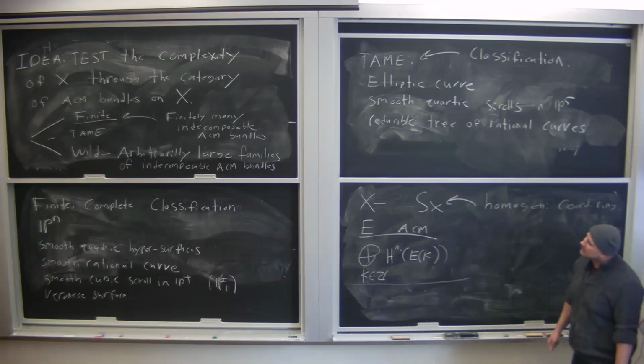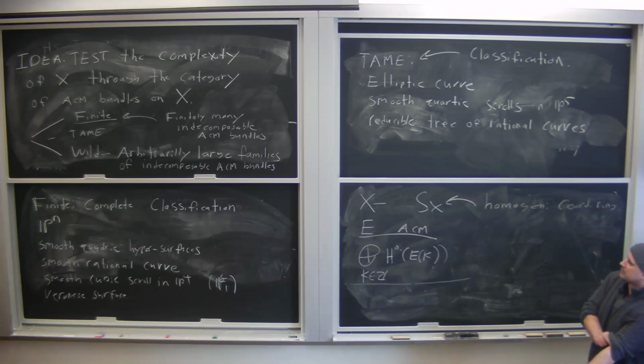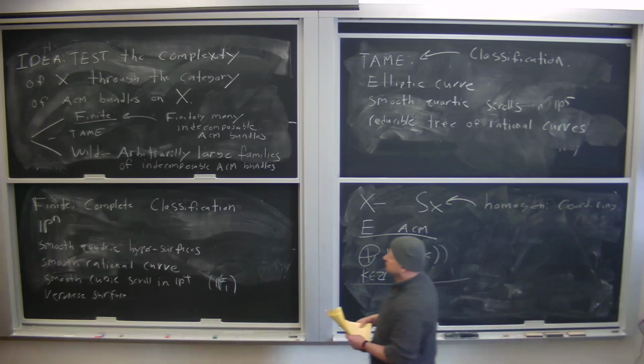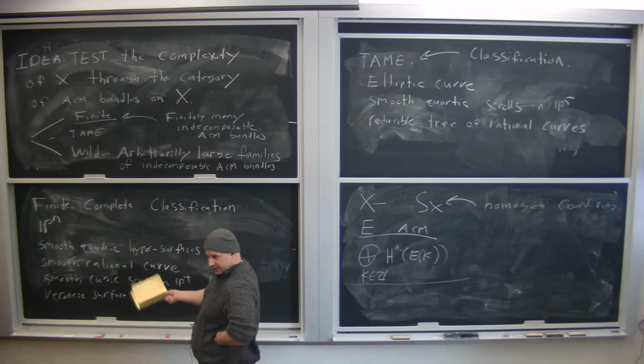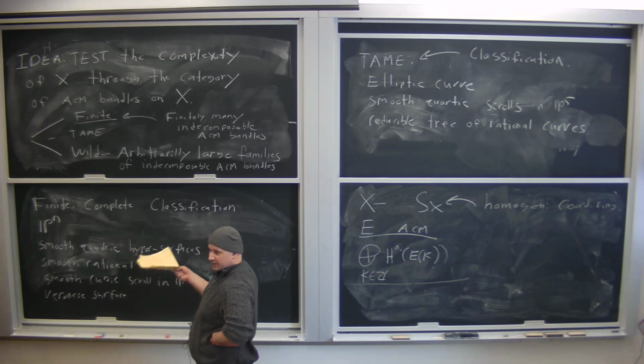So I'm also wondering, in the case of any curve, what do you mean by ACM in that case? Are you just saying that the class of indecomposable bundles is finite? So you have your curve, but it's embedded in some space.